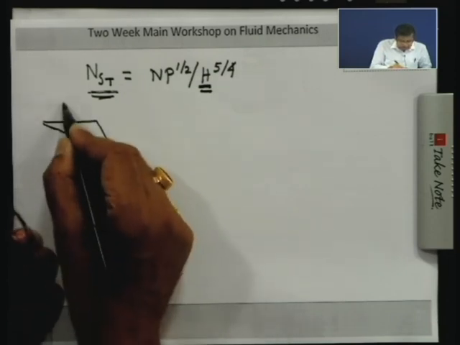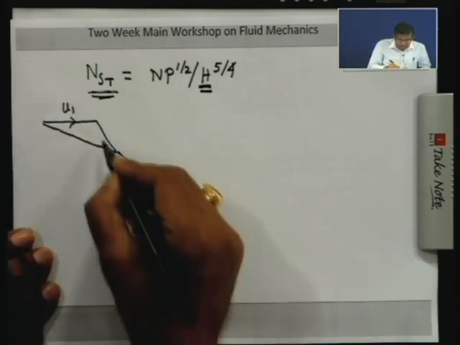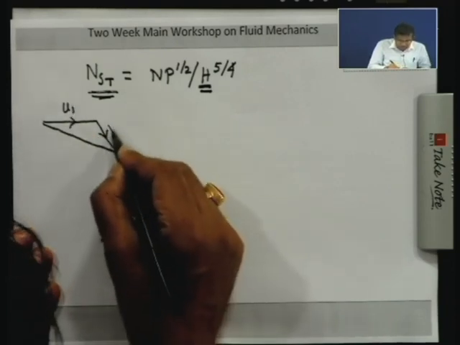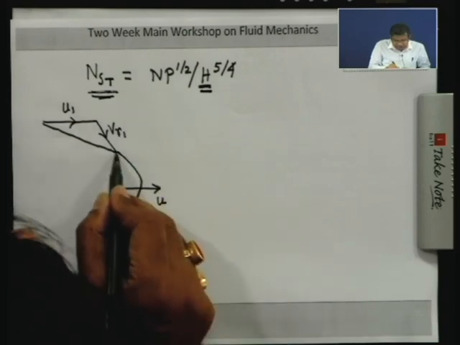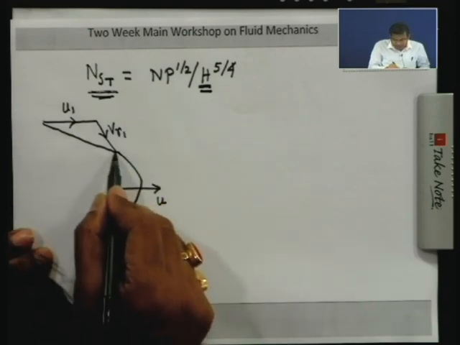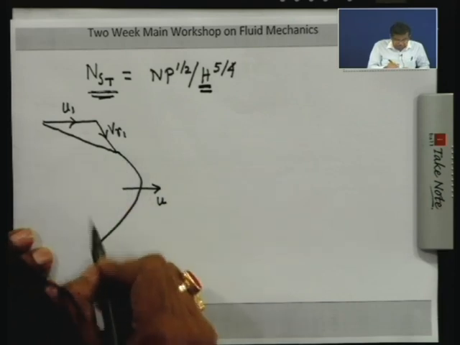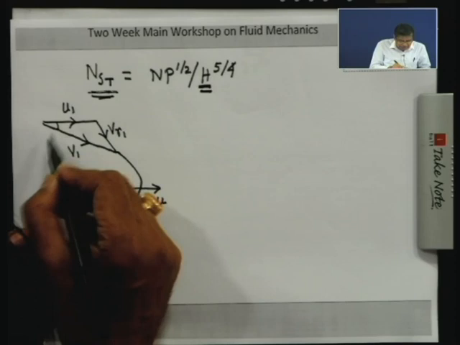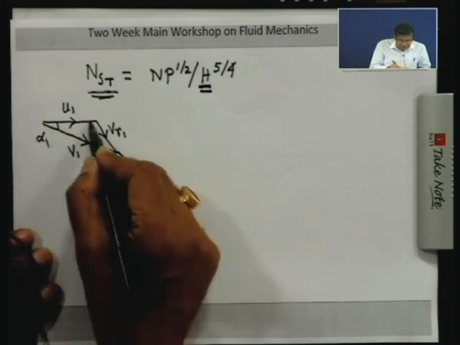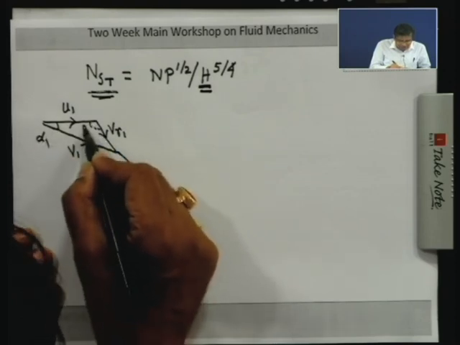This is the inlet tangential velocity. This is the radial velocity. I told you we will always assume a shockless entry, that means the relative velocity is tangent to the blade here. The direction is the same as the blade angle, and this is the absolute velocity V1. This angle is alpha 1, and let us define this angle as beta 1.